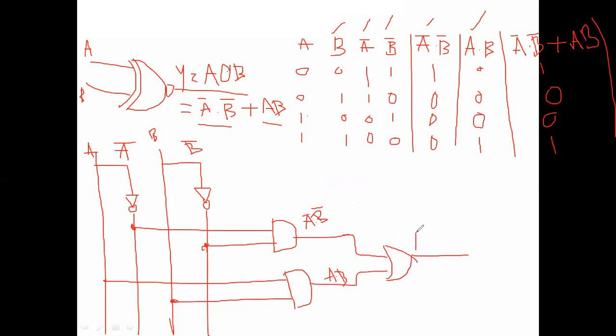So the final expression is A bar dot B bar plus A dot B.